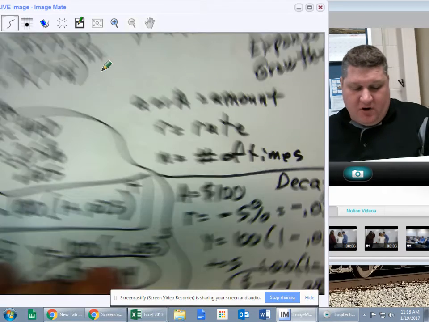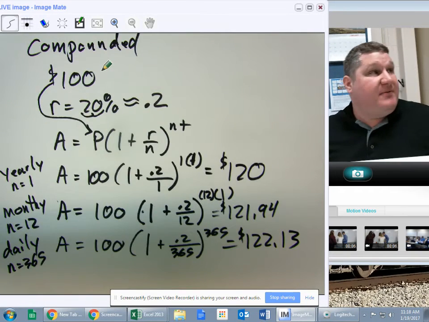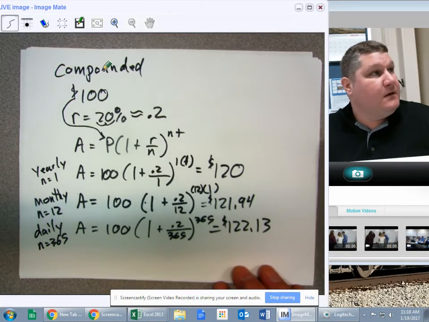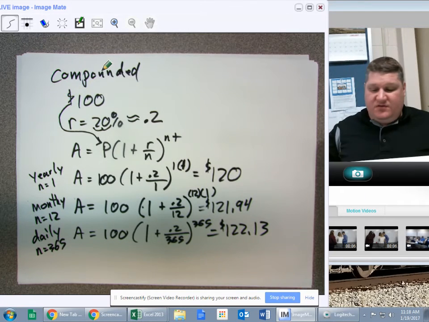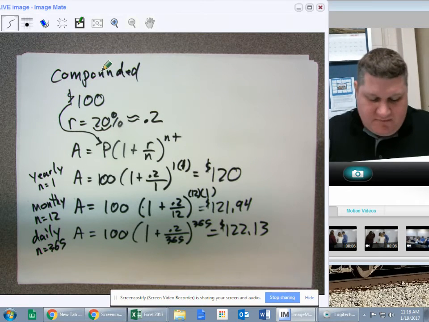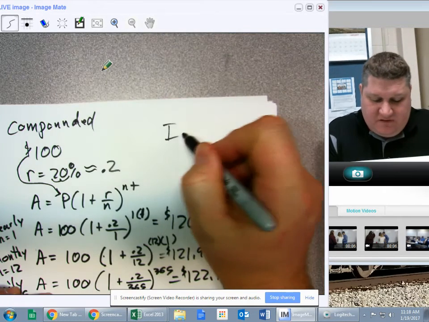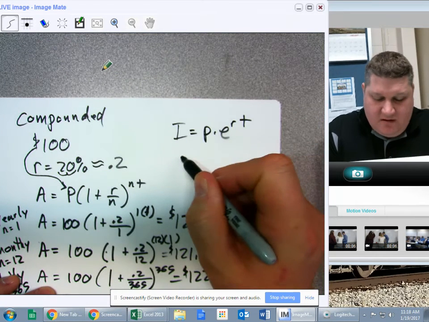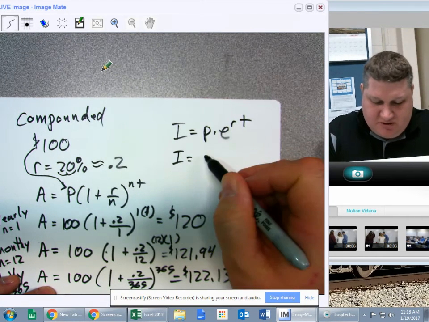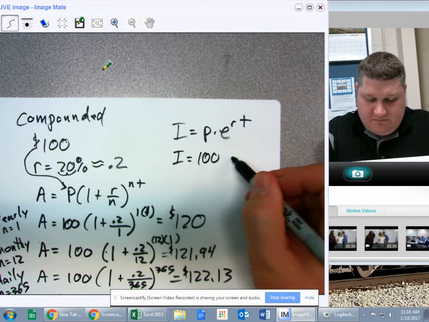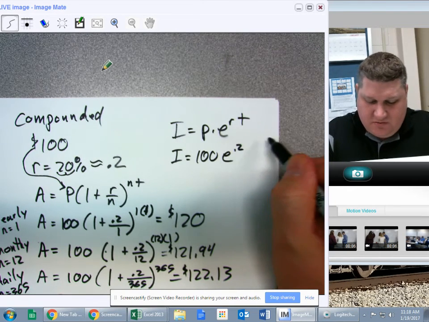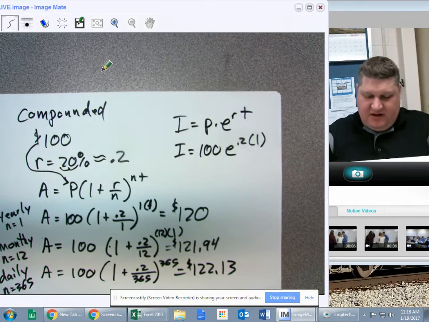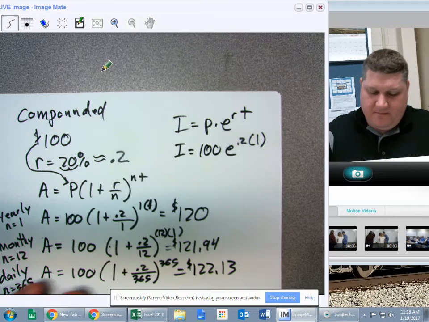Okay? So you have growth and decay, and you have compounded interest. And the last one would be forever. Interest equals P times e to the RT. So the amount equals the principal, $100, times e to the 0.2 times t, and that's going to be for 1 year.